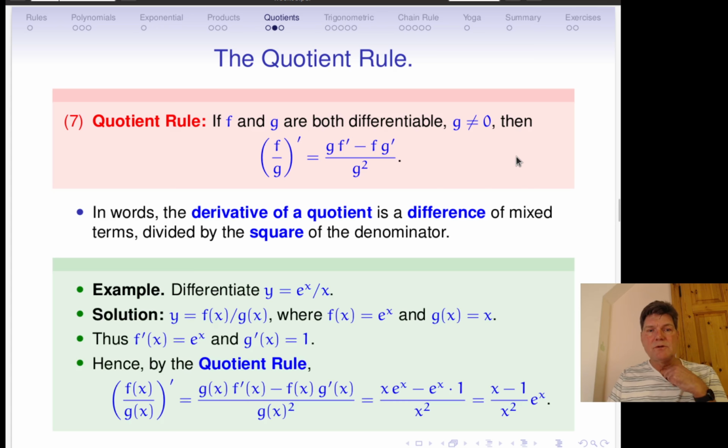So here the quotient rule gives: second factor times the derivative of the first factor minus first factor times the derivative of the second factor, divided by the square of the denominator. In this case that is x times e to the x minus e to the x times 1, divided by x squared, where g of x is the x function. And taking out e to the x as a common factor, that gives x minus 1 over x squared times e to the x.